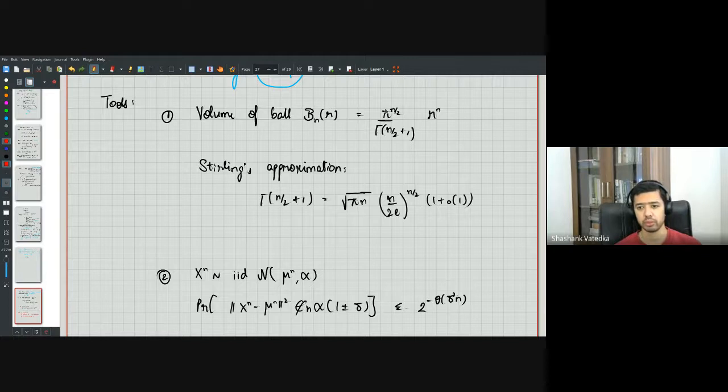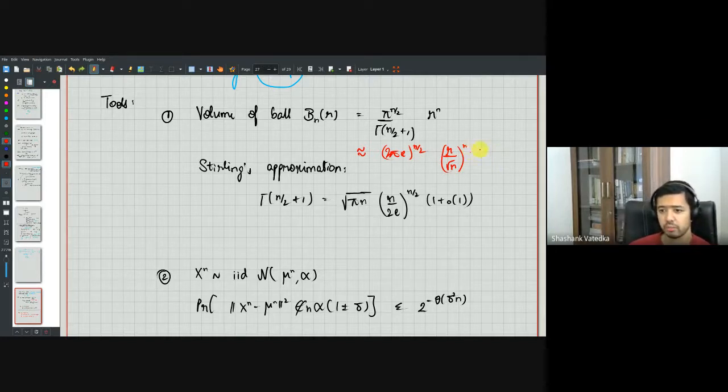The volume of this ball is roughly equal to 2 pi e raised to n by 2, times r by square root of n raised to n, times some quantity which is polynomial in n.